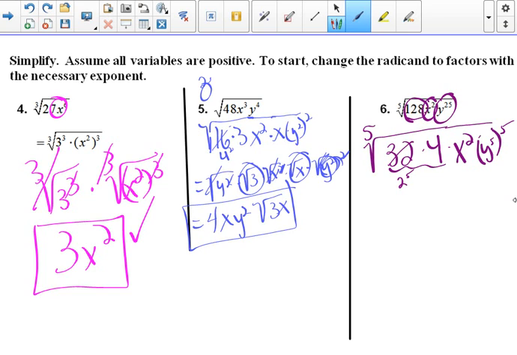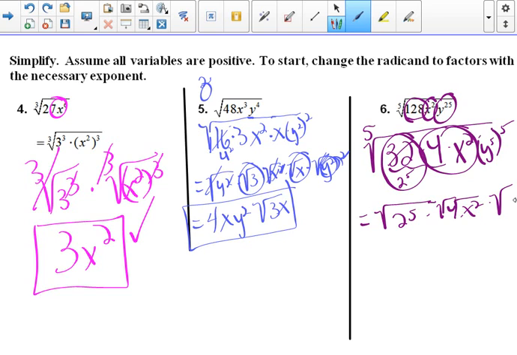So now we can split these up. 2 to the 5th times the fifth root of 4x squared. I'm going to leave that 4x squared together because those are going to stay the same, times the fifth root of y to the 5th power.